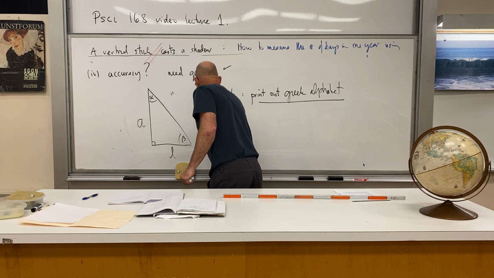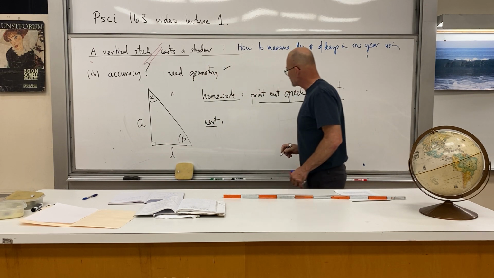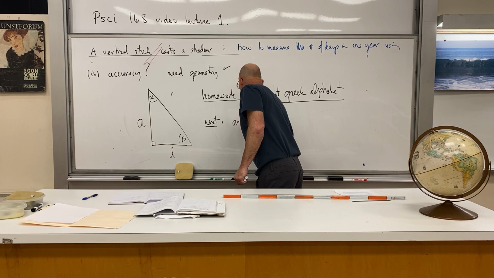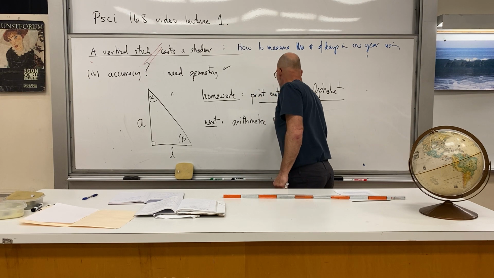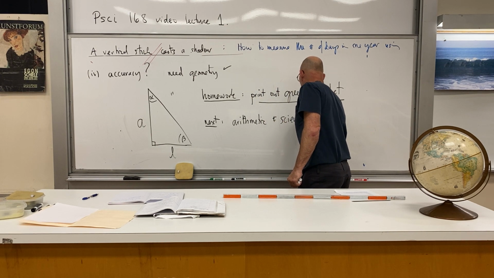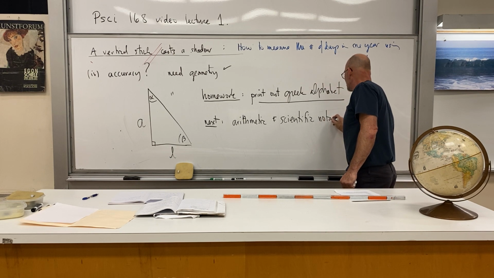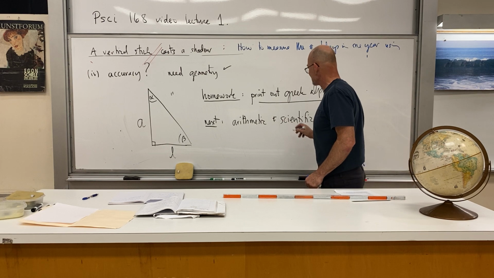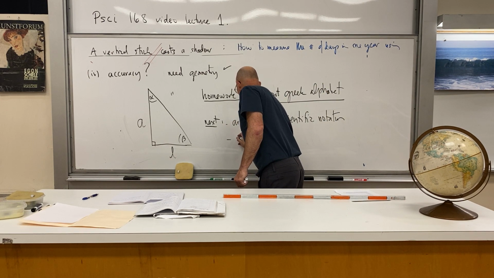So let me put here next what we're going to do this time and especially next time. Arithmetic and scientific notation, and geometry. So we're going to study these things.